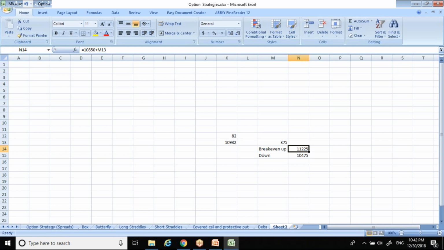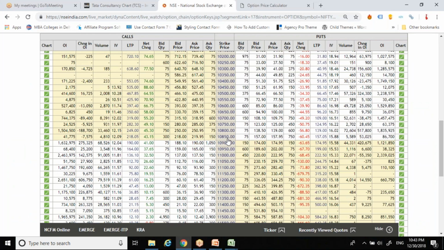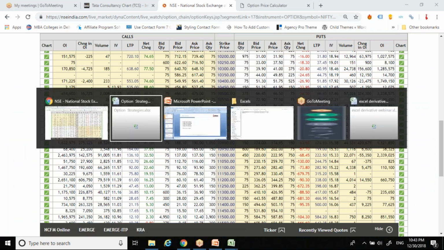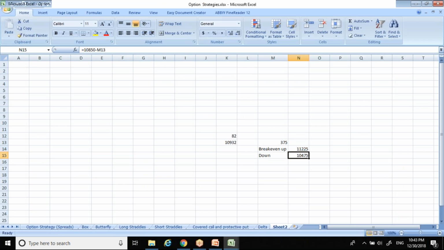So beyond this you will have profit. So if it goes to 11,225, you'll start making profit. If it goes below 10,475, you start making profit. But if market closes at 10,850, your total loss would be the premium you paid, around 375.